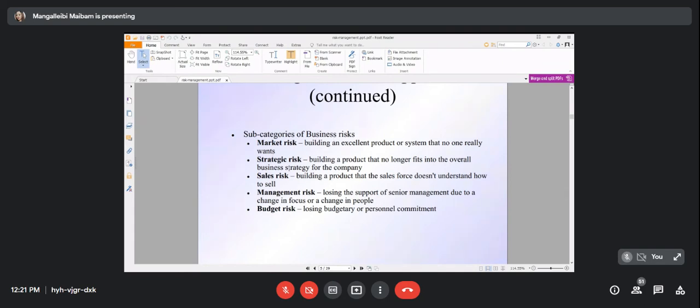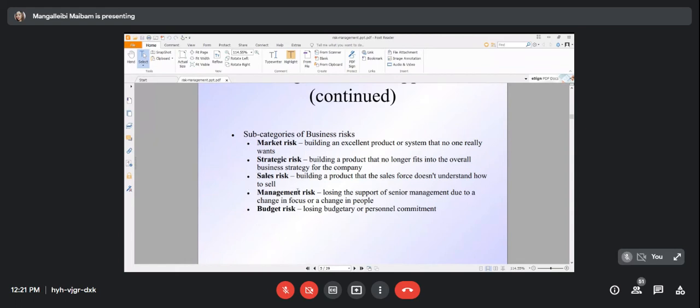Similarly, in strategic risks, the product which you have developed has to fit the overall business strategy of the company. Sales risks are about how far you can sell the product, how far it is necessary to sell your product. All those kinds of risks fall under sales risk.